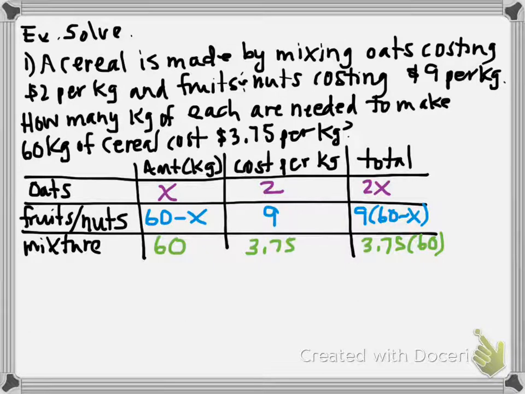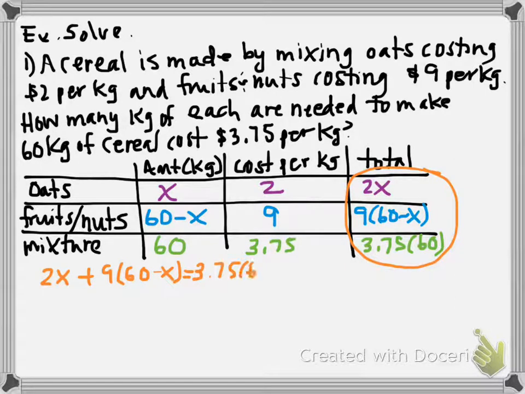And because I only have one variable, I'm just going to do one equation. So that one equation is going to be 2x plus 9 times the quantity 60 minus x equals the 3.75 times 60. Now, there's only one decimal right now in the problem.